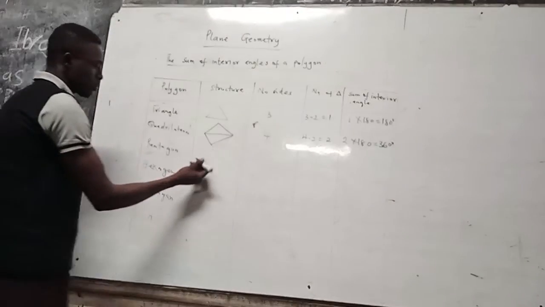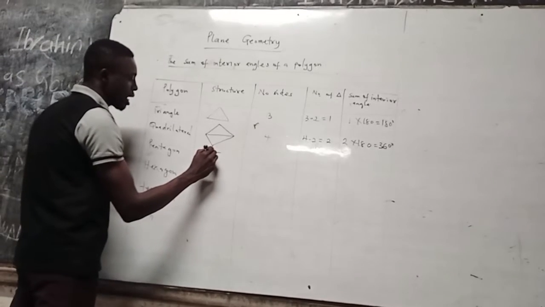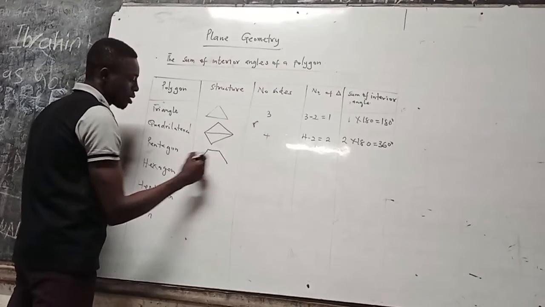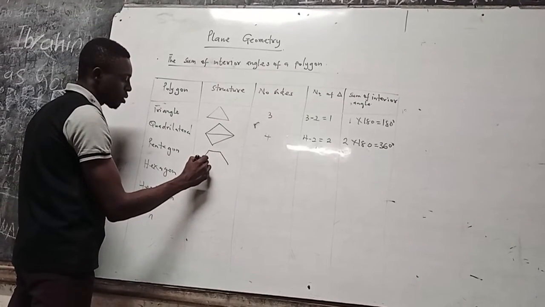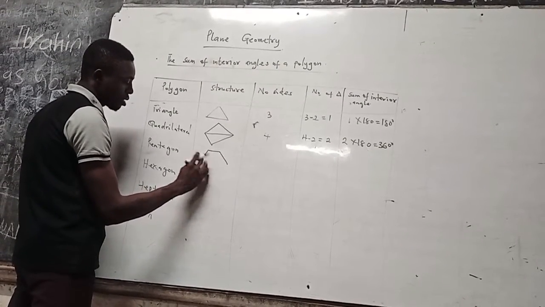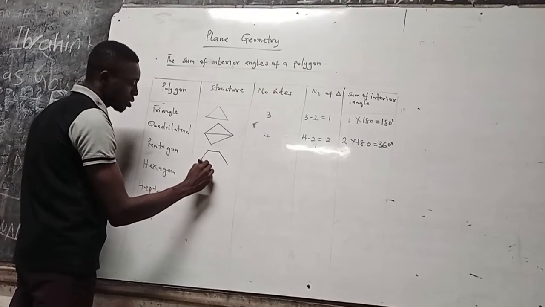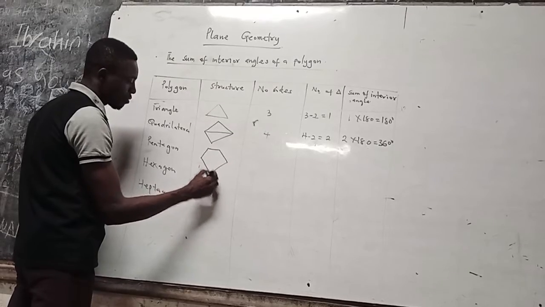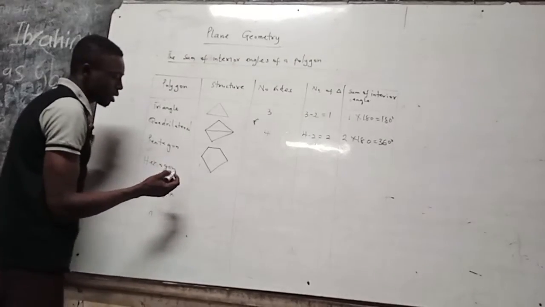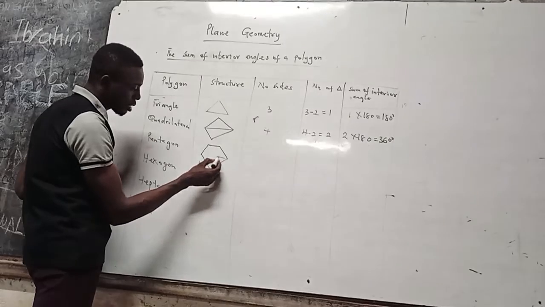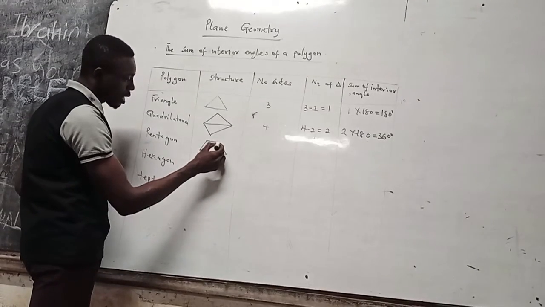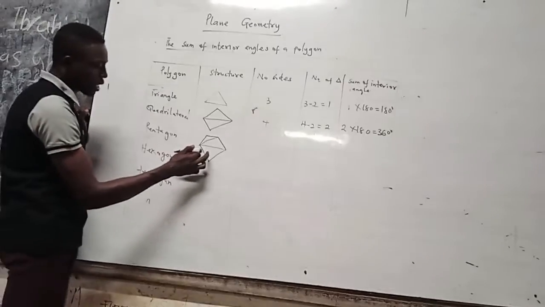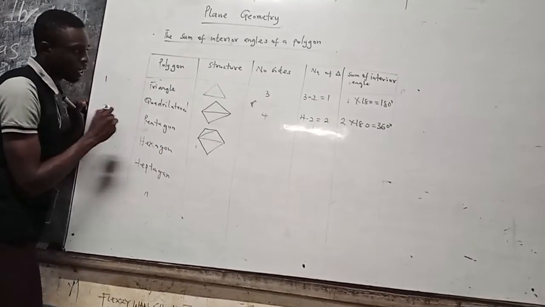We have the pentagon. Pentagon means how many sides? 5. So 1, 2, 3, 4, and then 5. We can cross this one by this, and at the same time we can get another one by this. How many triangles are forming here? 1, 2, 3. You can get 3.